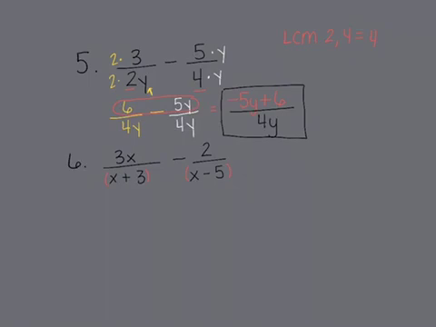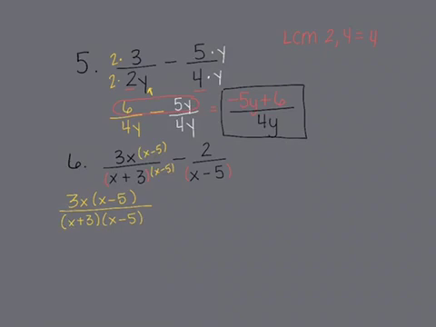So this one has the x plus 3, the first one, but it doesn't have the x minus 5, so I need to multiply top and bottom by x minus 5. So that will give me 3x times x minus 5, and again, I'm going to distribute that in just a moment, over x plus 3 times x minus 5.